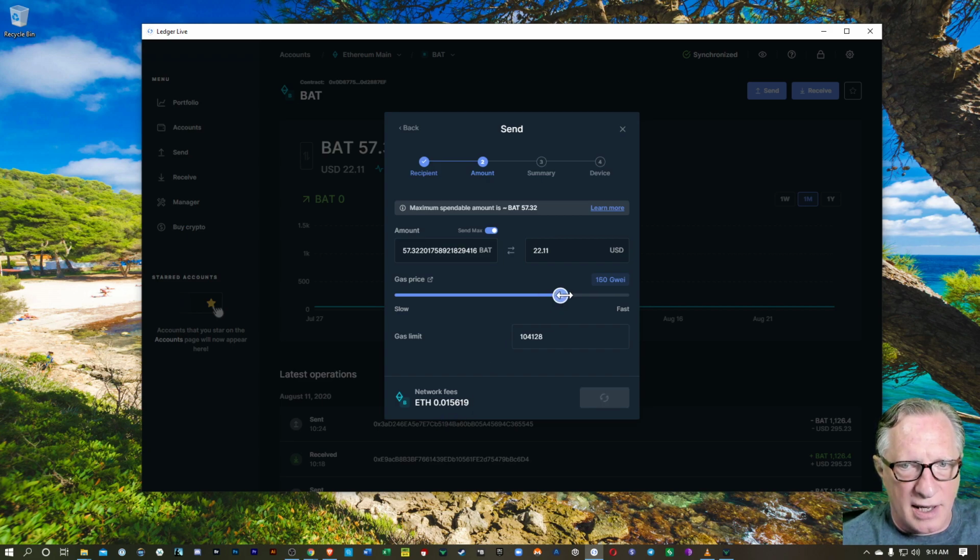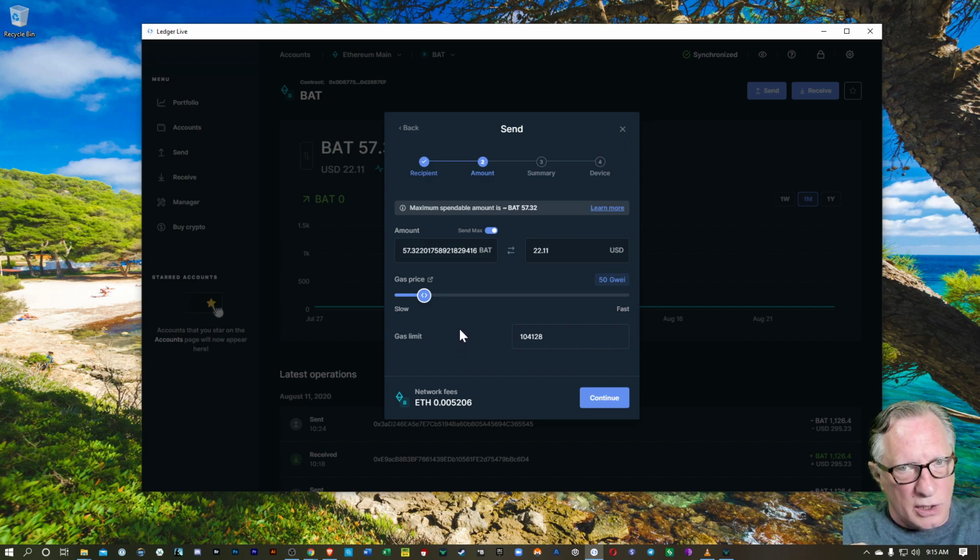So I could pay a lot of Ethereum in order to get my transaction processed faster, right? This is about the average, right? And then I could also lower it, right? If I want to lower my gas fee so that I don't have to pay as much, I can do that as well.